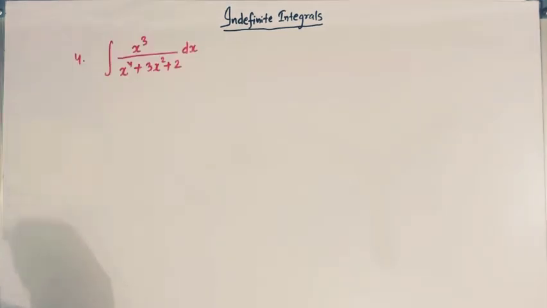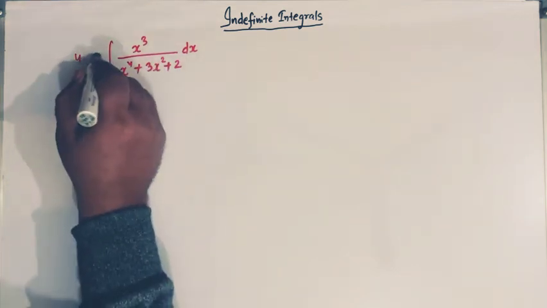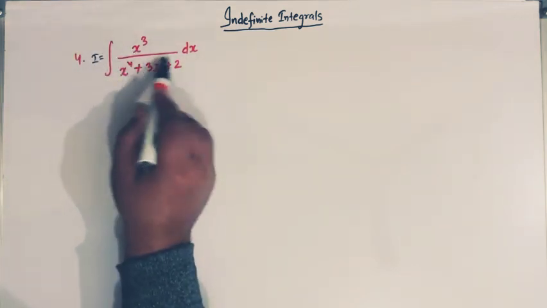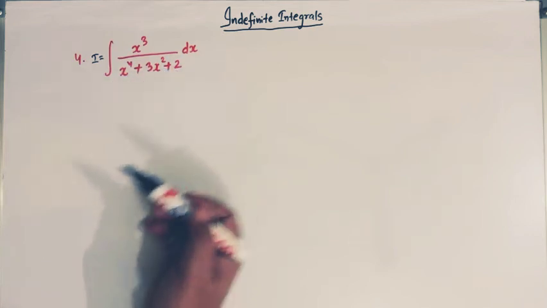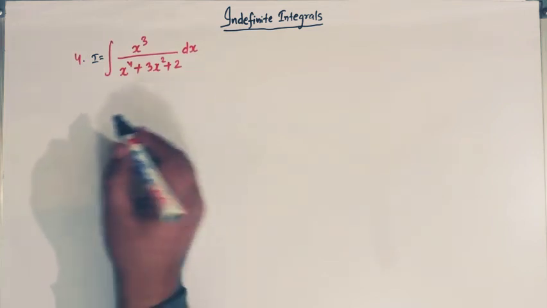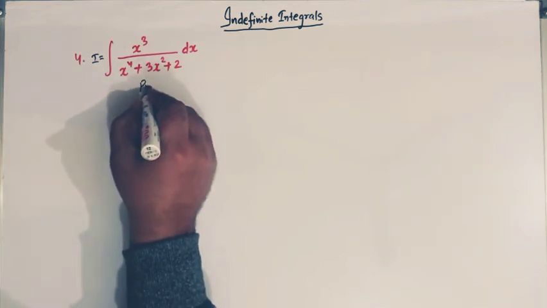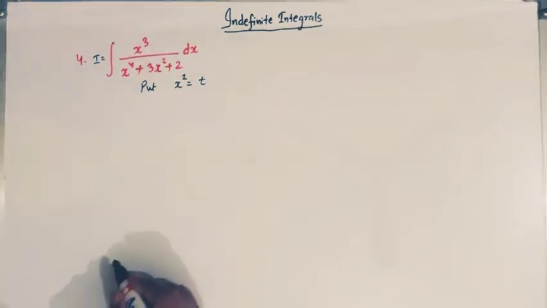Now let us take this problem. So here we have to integrate this function x cubed divided by x raised to 4 plus 3x square plus 2. So here we'll make use of the substitution method, and here we'll substitute x square is equal to t, right.